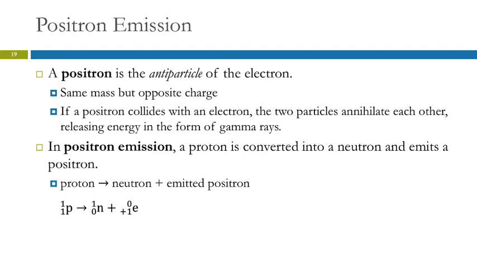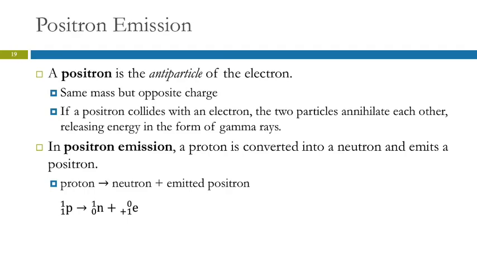Next one is positron emission. A positron is the antiparticle of the electron. So in science fiction, they like to talk about matter and antimatter, right? There actually is such a thing. A positron is an anti-electron. It has the same mass, but the opposite charge. And it's not only just an electron with an opposite charge.